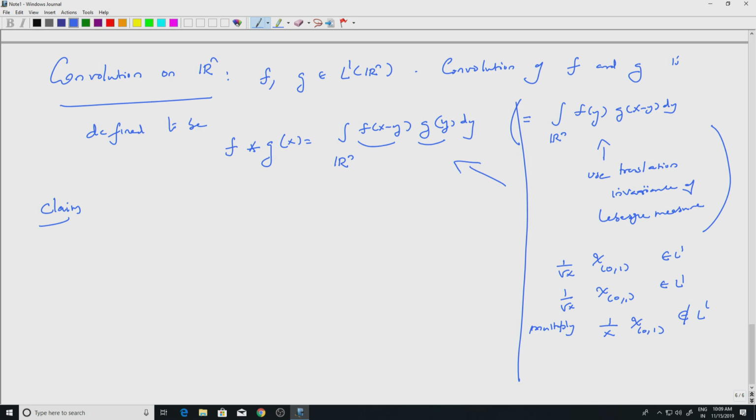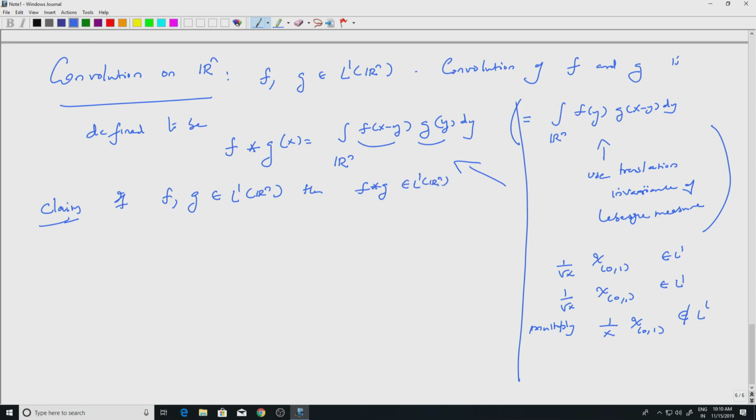So I don't know what happens to this integral. Just because there is a translation, you will see that it exists almost everywhere. So let us see that. The claim is that if f and g are in L1 of Rn, then f convolved with g is also in L1 of Rn.